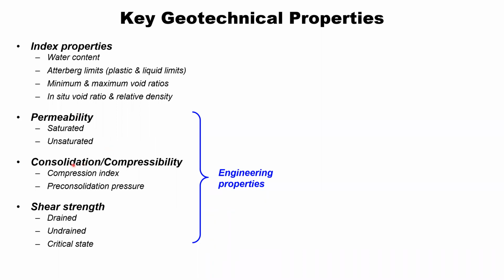The consolidation or compressibility characteristics. So you might also hear this term stiffness or modulus, which is simply the inverse of compressibility. We often use things like compression index or pre-consolidation pressure.